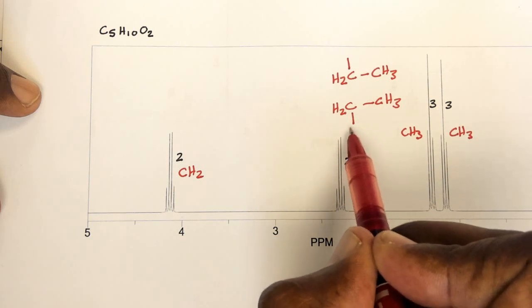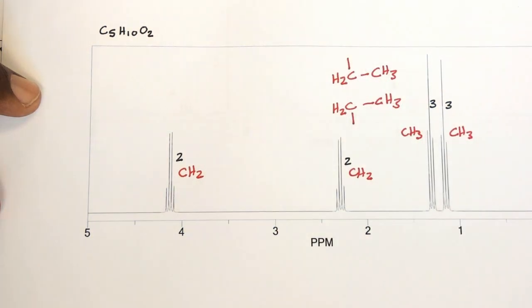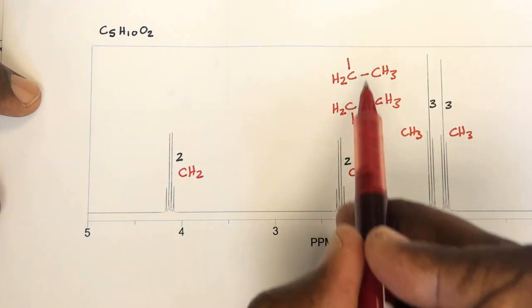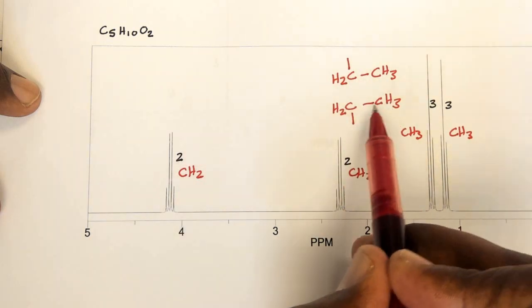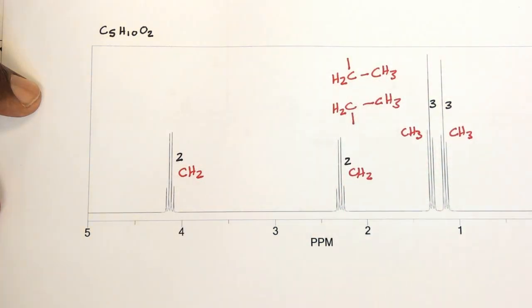So this is next to a non-protonated group, and that's next to a non-protonated group. That would give me a quartet for one, and a quartet for the other. 3 + 1 = 4, 3 + 1 = 4.